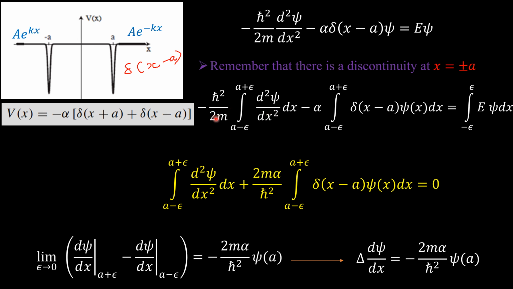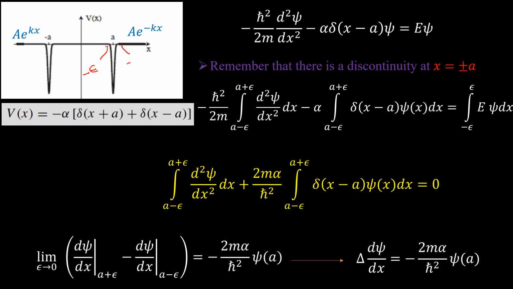So for that, we are going to integrate the first term over a range. Here you can see, you take a small distance epsilon. This is minus epsilon, and this one is plus epsilon.